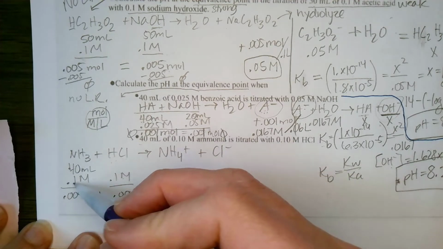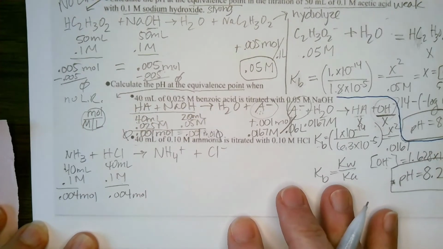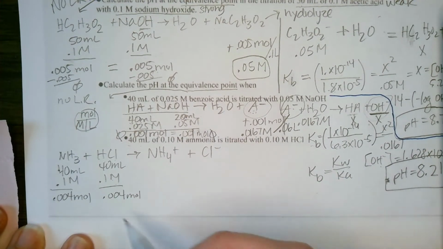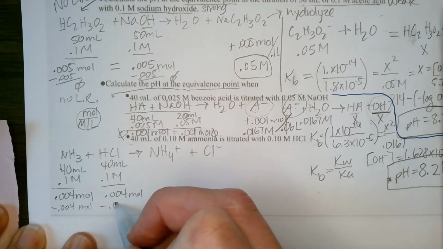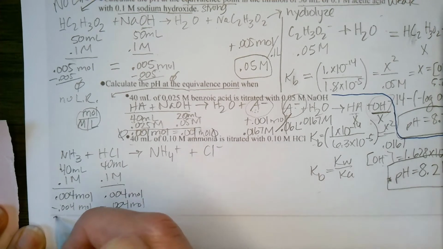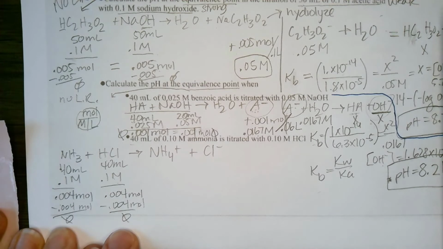And because we have the same concentration, we will also have 40 milliliters of it. So when we lose our reactants, minus 0.004, we have no limiting reactant. They're both completely consumed equally.